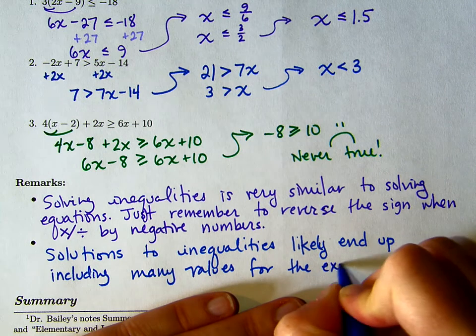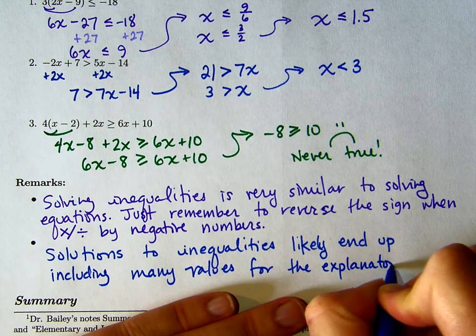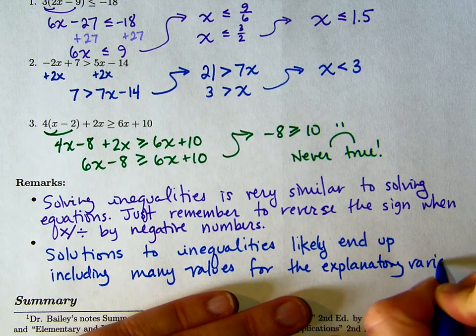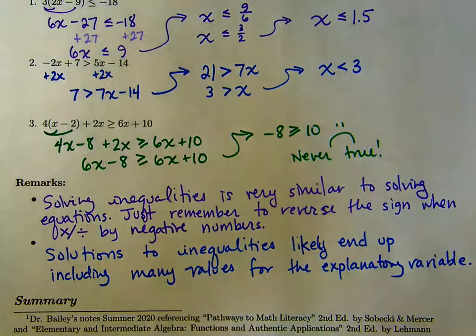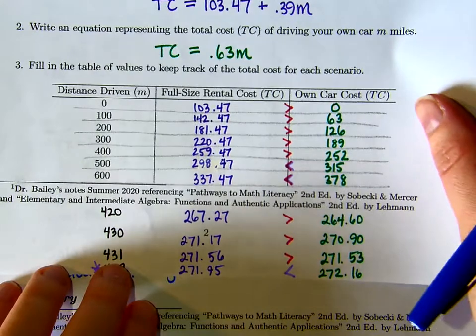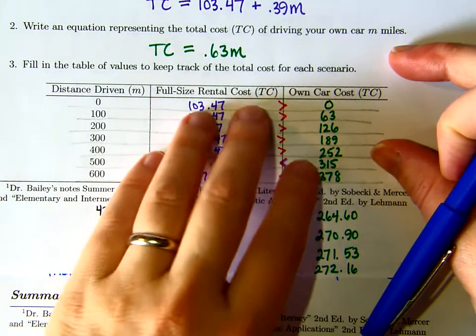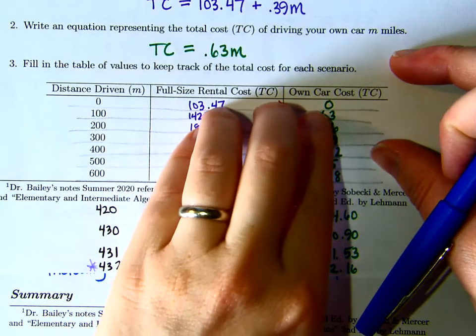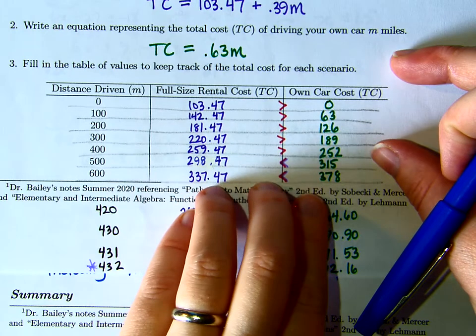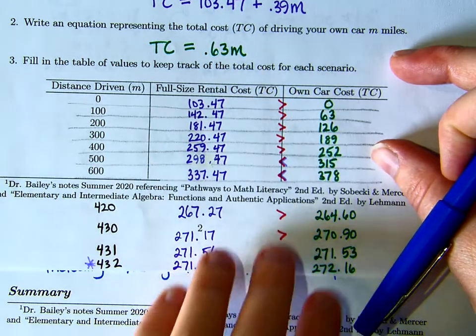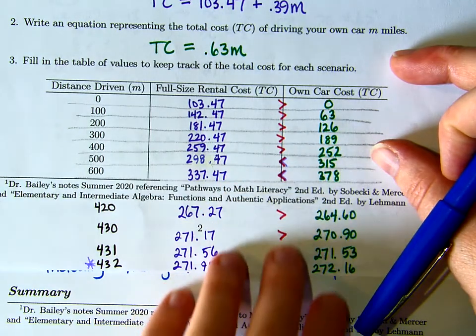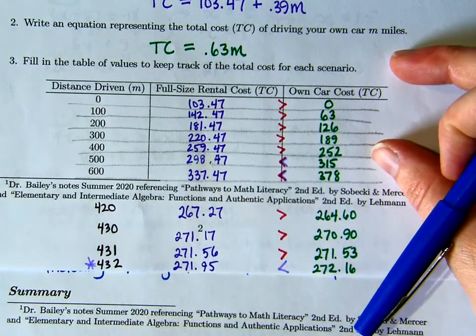Or the explanatory variable. And here's what I mean. If we go back to the miles, we were putting this in, and there were many values of miles driven that had one be cheaper, and then there were many miles when the reverse was cheaper.